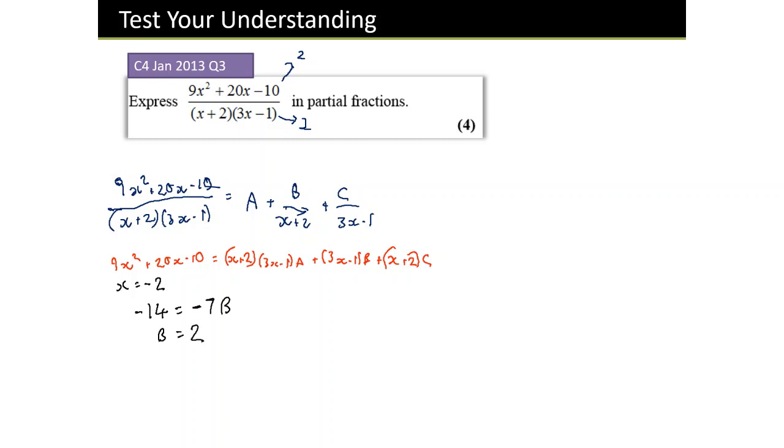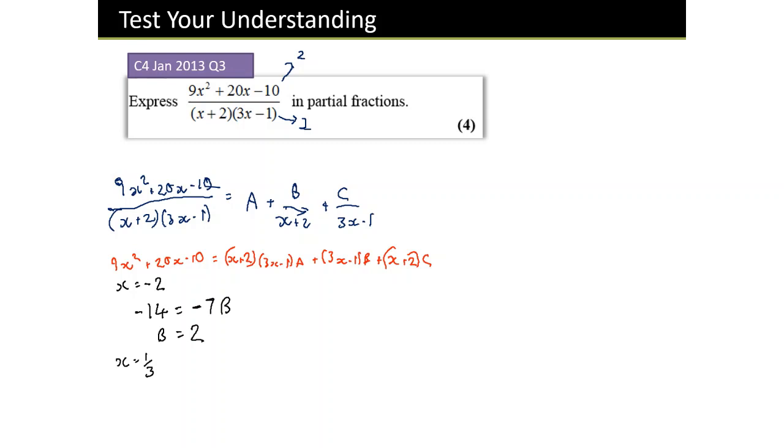Then I would make a second substitution. For my second substitution, we want this 3x minus 1 term to be equal to 0. So 3x minus 1 equals 0. Then it's true that x equals 1/3. So we're going to substitute in x equals 1/3. When I do that, I get, let's see, 9 lots of 1/3 squared is 1.